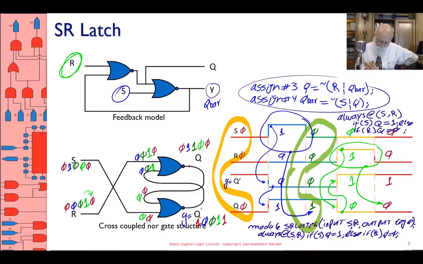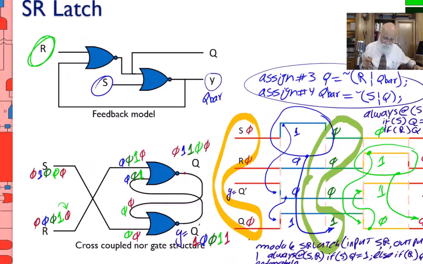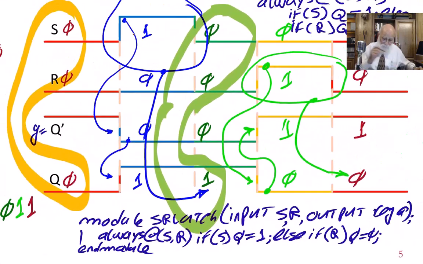And I don't really need an end statement for my always, but then I do have to have end module. And this is the Verilog description of this little circuit, which we refer to as SR-Latch, and this is the basis of our memory components.